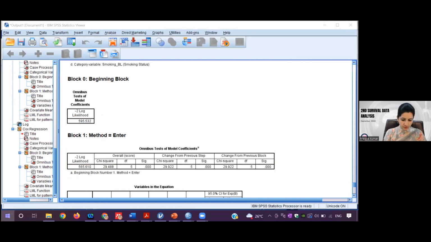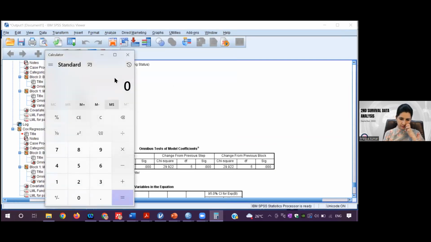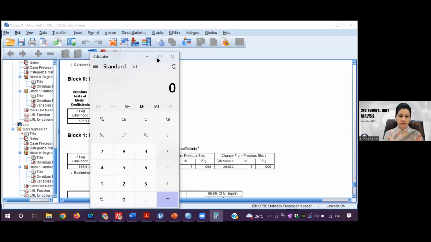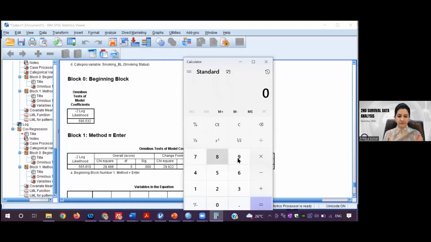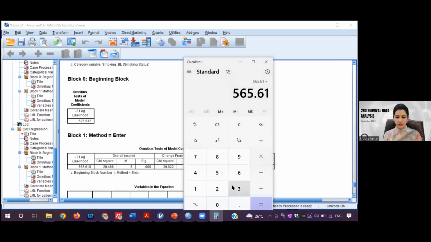So it is 595.1. Thank you, Naveen. So it is approximately the same value. Some difference is there because if you take many points up to decimal, but it is 595.